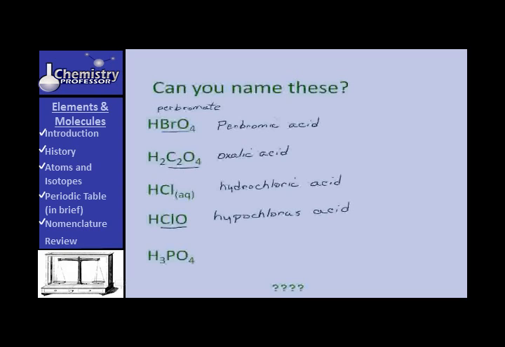An excellent bleach, by the way. Now down in this last one, we have a radical right here. This is a ternary acid, and that is the phosphate radical, and therefore this is phosphoric acid. Phosphoric acid. Good. Got the idea?